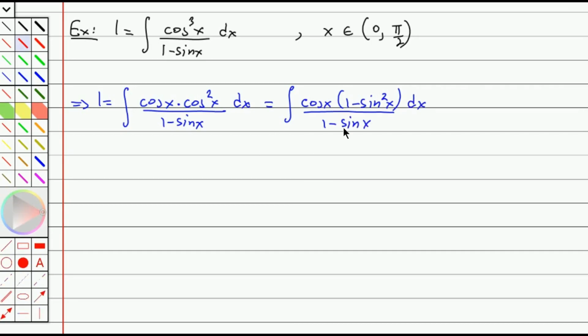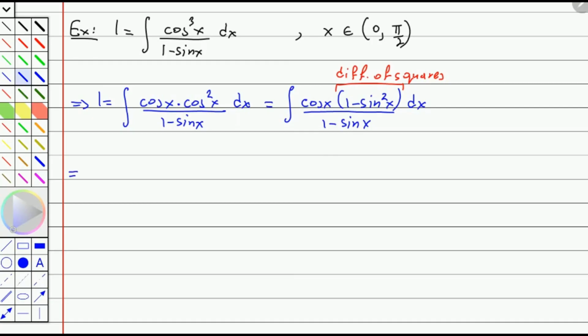Now we can clearly see the relationship between the denominator and this bracket on the top. Not only is this a trigonometric identity, but it also happens to be a difference of squares. So we can factorize this and have a simplification with the denominator.